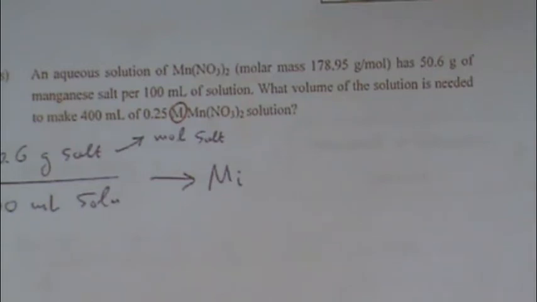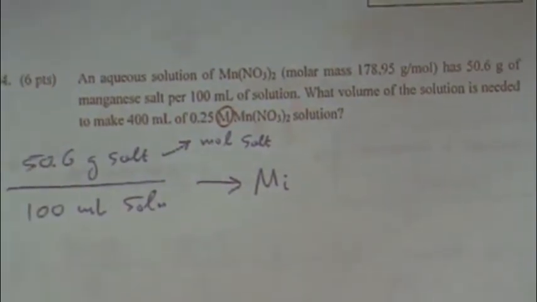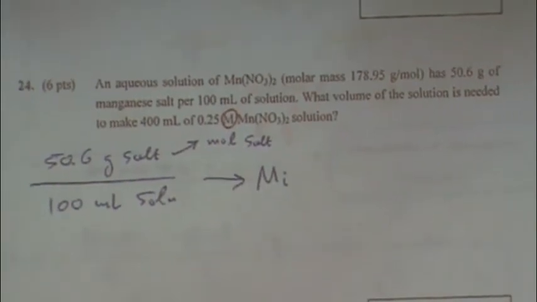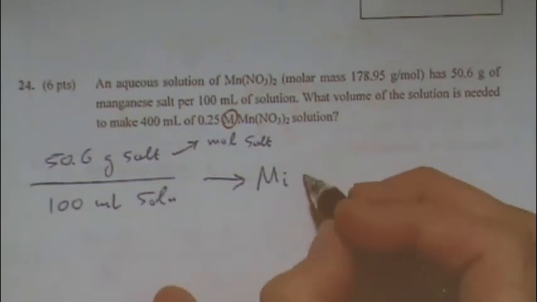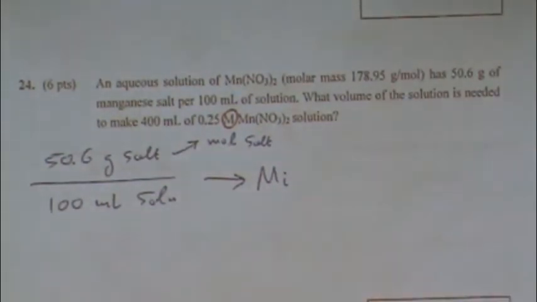Usually you add water to make it less concentrated, or sometimes you even take water out to make it more concentrated. At this point, we don't know whether we take water out or put it in. But this is the molarity of the original solution. Do you realize that? So I'm going to call it MI, the molarity of the salt, how many moles per liter.